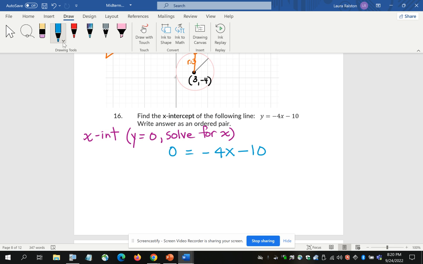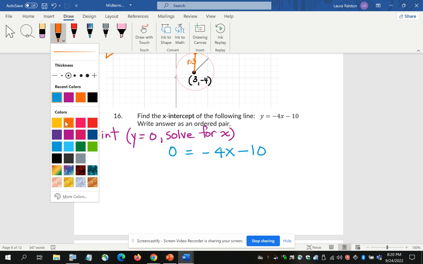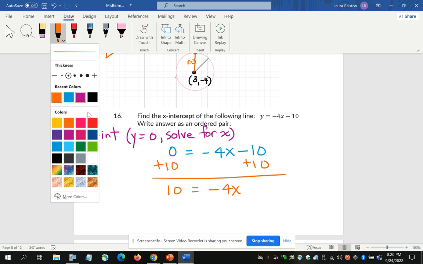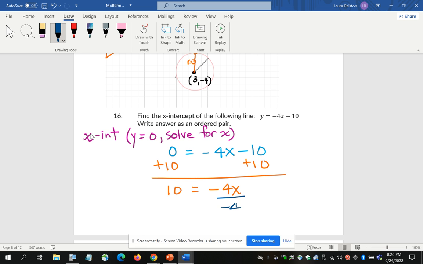So I need to solve for x. I'm going to add 10 to either side. So I have 10 equals negative 4x. I'm going to divide both sides by negative 4.